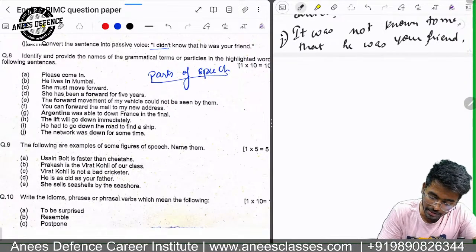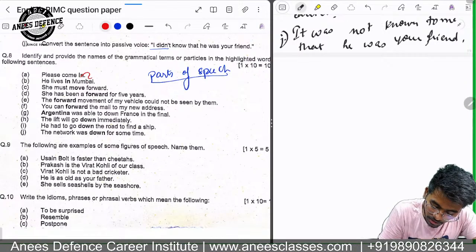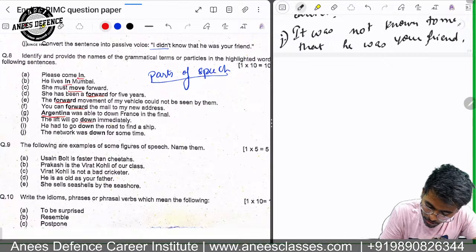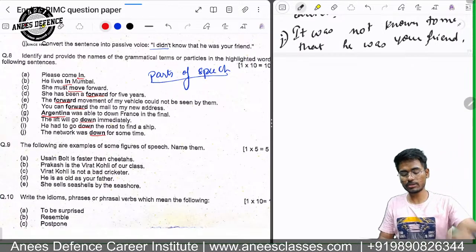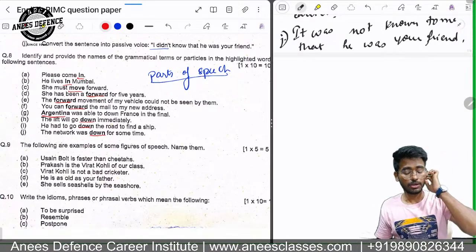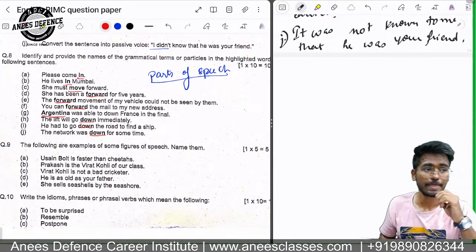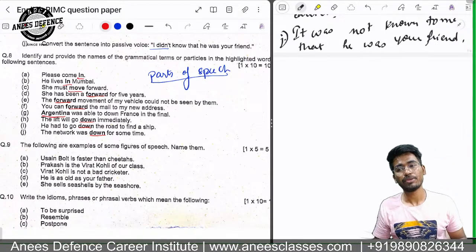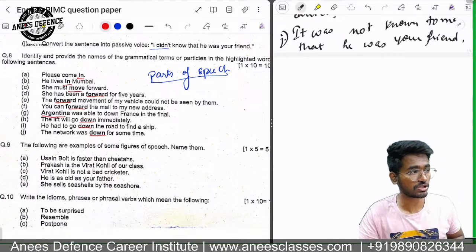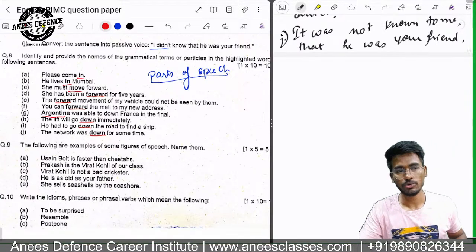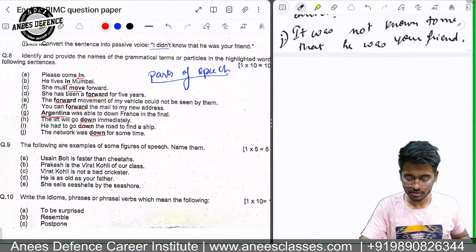I have highlighted the words in red: in, here in, then, move, and forward, Argentina, down, and down. You need to read the sentence and tell me what part of speech it is. There are 8 parts of speech, as you all know: noun, pronoun, verb, adverb, adjective, conjunction, preposition, and interjection. Okay, you need to tell me what the word is.